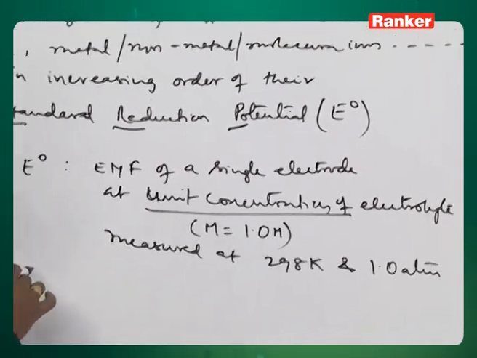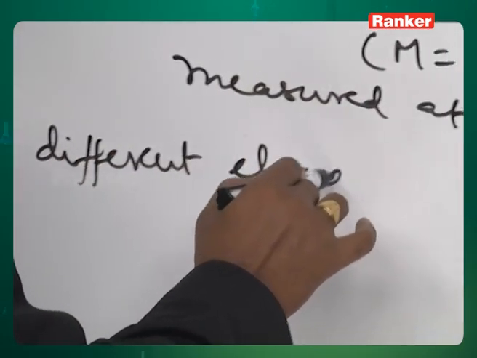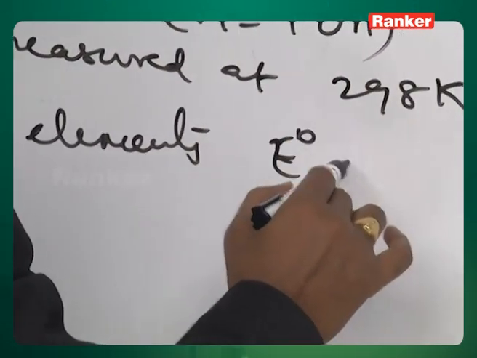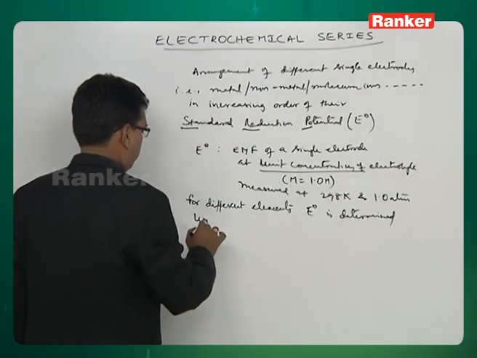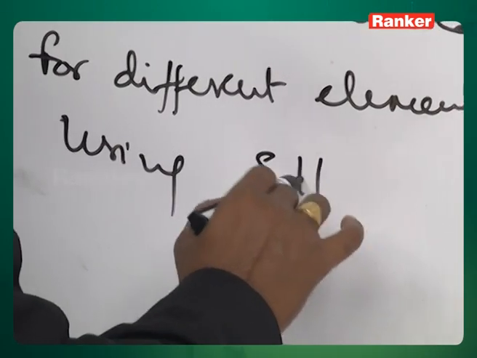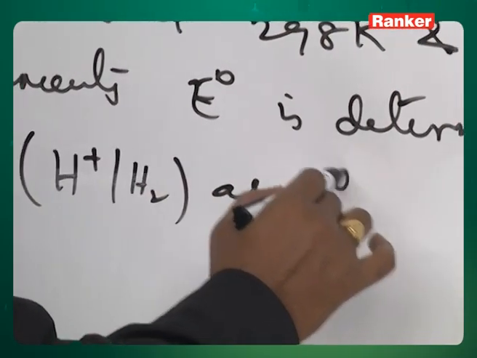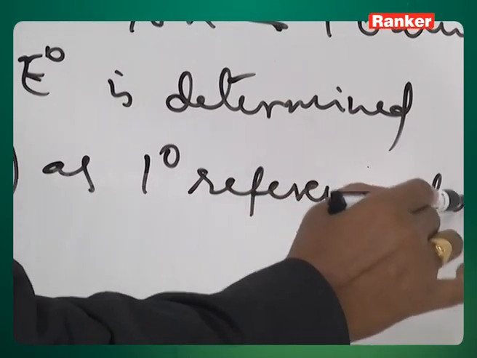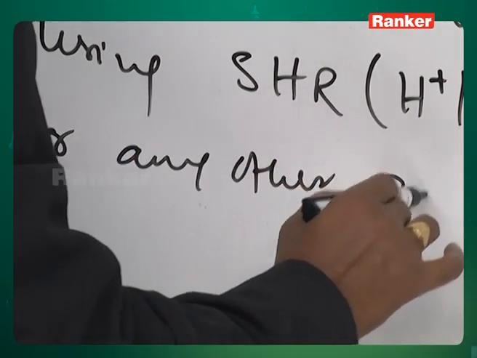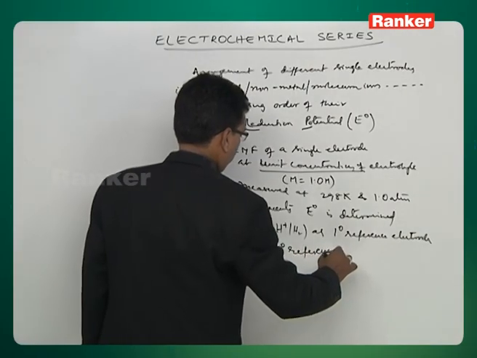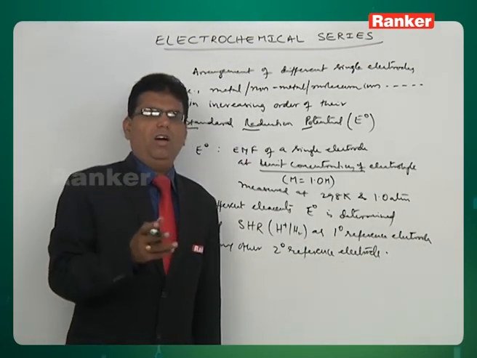Now, for different elements, E naught values are determined using the standard hydrogen electrode as the primary reference electrode, or any other secondary reference electrode, that is either a calomel electrode or quinhydron electrode.